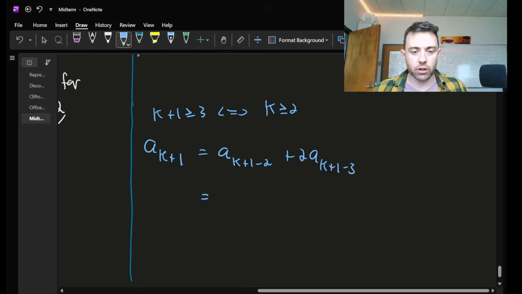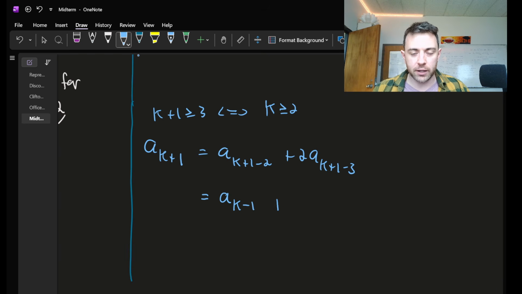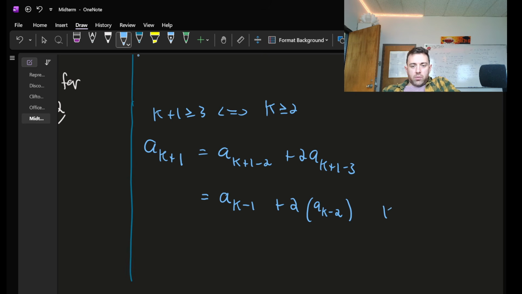So now let's simplify this expression a little bit. So what would this be? This is a sub k minus 1 plus 2 times a sub k minus 2. Yeah. And let's also check here. We want k minus 2 to not be 0, right?